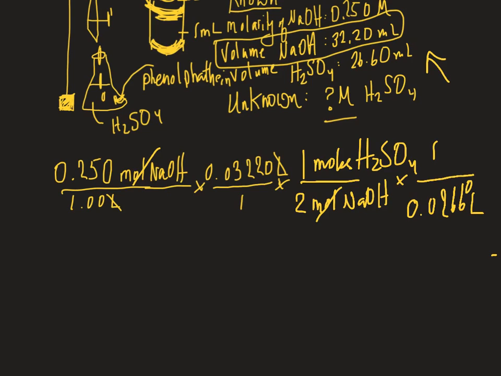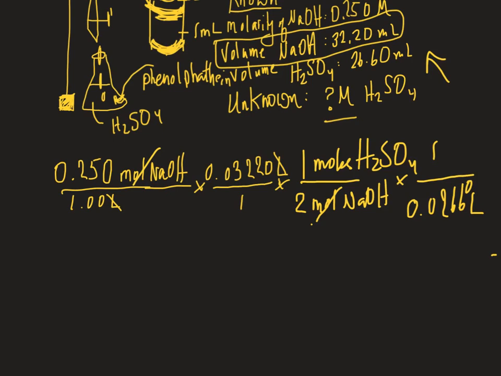So when I do my math, I take 0.250 times 0.03220 divided by 2 divided by 0.02620.